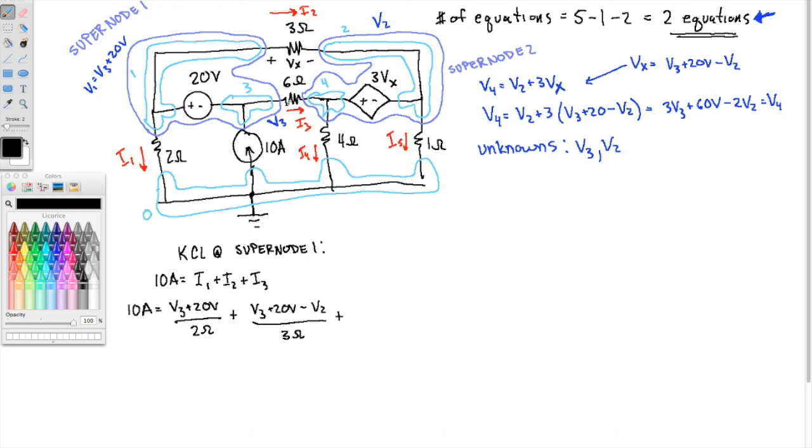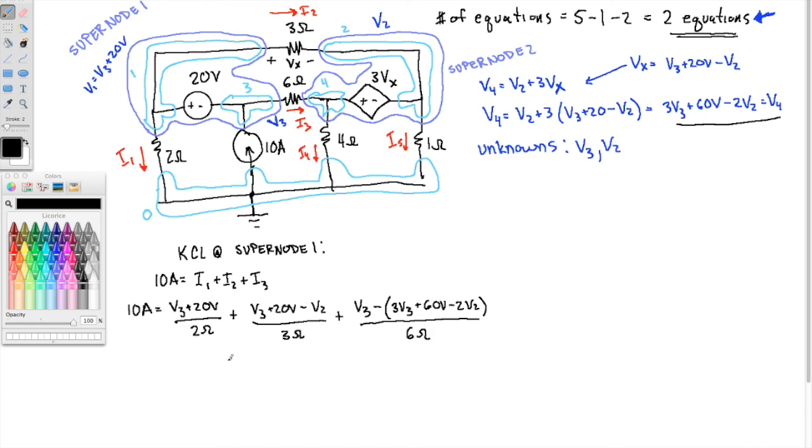I3. So that is V3 minus V4. But I'm not going to write V4, that's not an unknown. Instead, I'm going to use this equation that we derived. V4 is that guy. So V3 minus 3V3 plus 60 volts minus 2V2. Okay, and then all of that divided by 6 ohms.